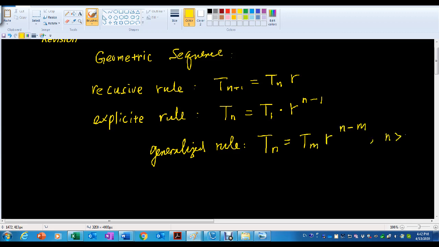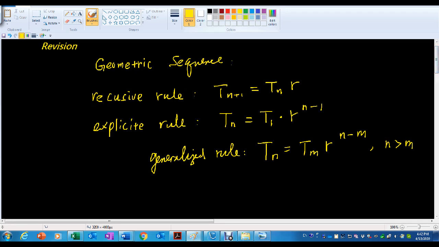For the generalized rule, we can start from any term, and just remember you need to adjust the power of the common ratio. For any geometric sequence, the key is that there must be a common ratio, no matter what form you are using.